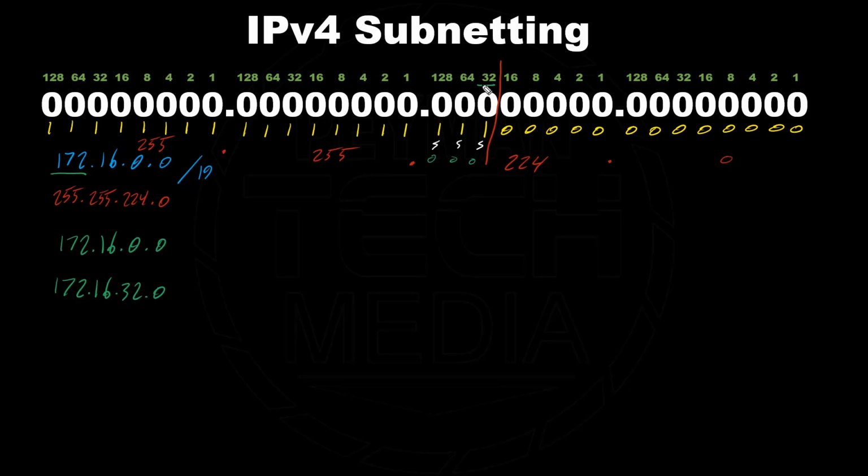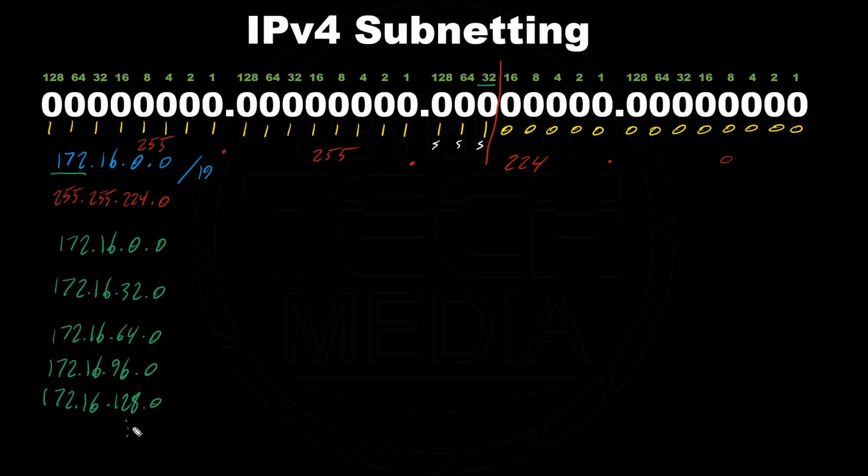This is our network increment or block size ID. So the next subnet would be 172.16.64.0. The next subnet would be 172.16.96.0. And the next one, 172.16.128.0. Again, 96 plus 32. We keep incrementing by 32 on the third octet, and so on, it continues.